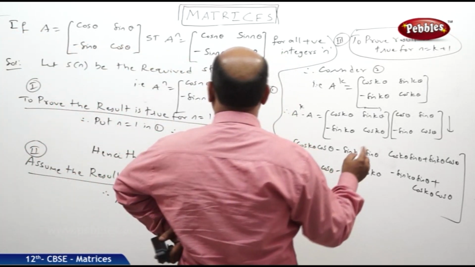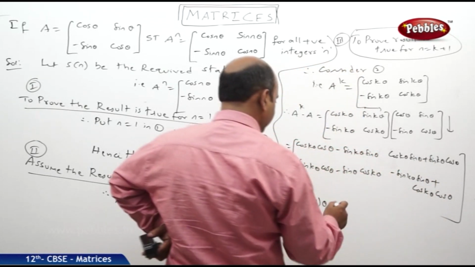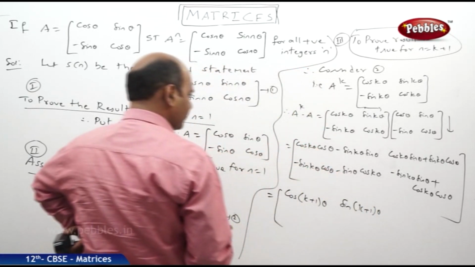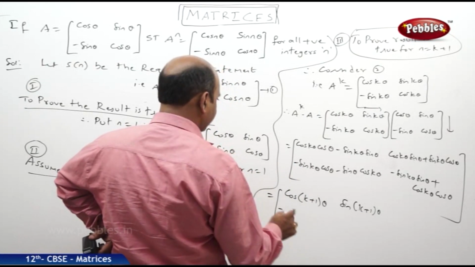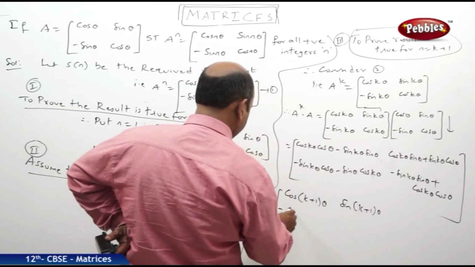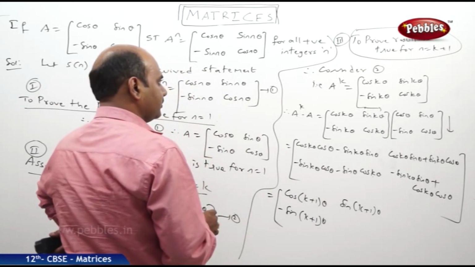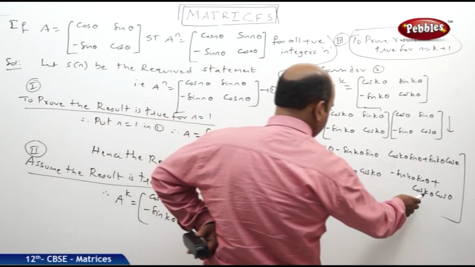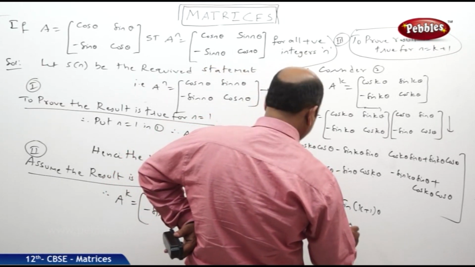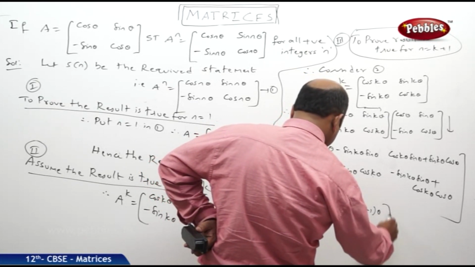Here also sin A cos B plus cos A sin B, it is looking like sin of k plus 1 into theta. Here also, if I take minus common, it is looking like sin A cos B plus cos A sin B, so minus sin of k plus 1 into theta. Here also cos A cos B minus sin A sin B, so cos of k plus 1 into theta.